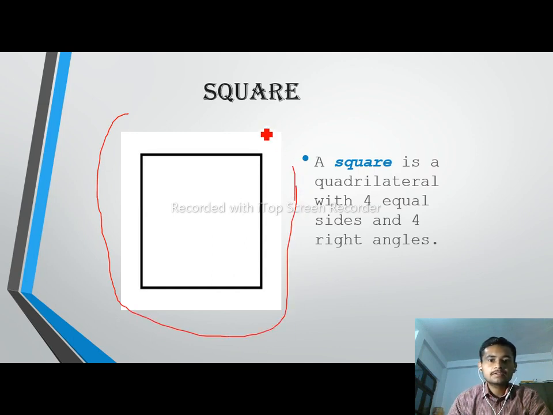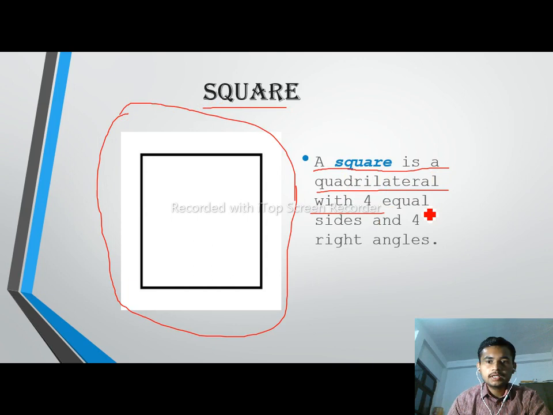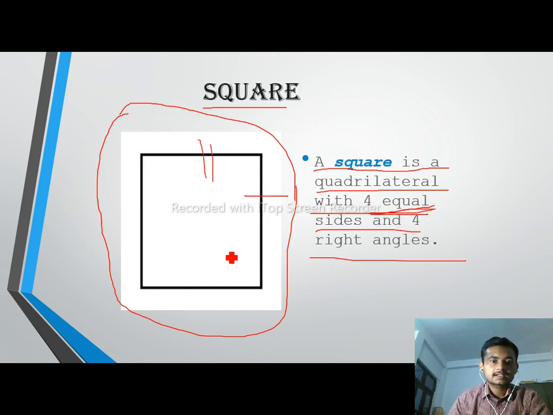Why is it known as a square? Because a square is a quadrilateral with 4 equal sides and 4 right angles. What do you mean by 4 equal sides? Equal sides means these two sides, or you can say these 4 sides are parallel.